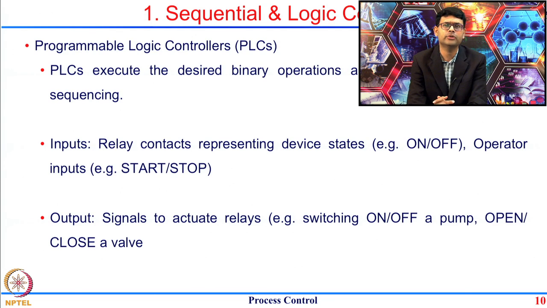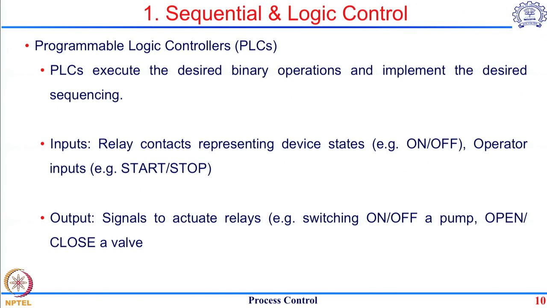And in order to incorporate this in a real controller or hardware, we use programmable logic controllers, also commonly known as PLCs. So, these PLCs would execute the desired binary operations, all these sequences, based on the signals which come from the process.